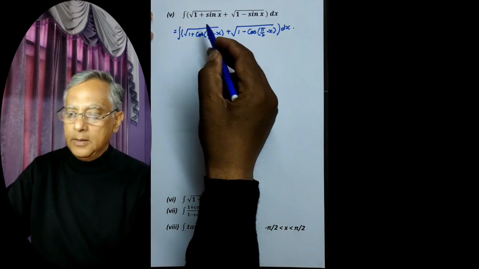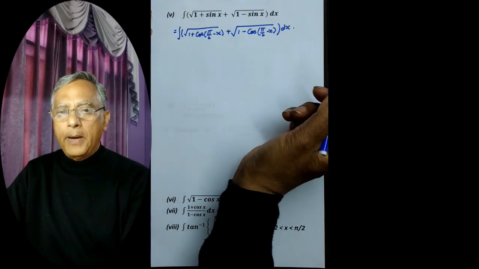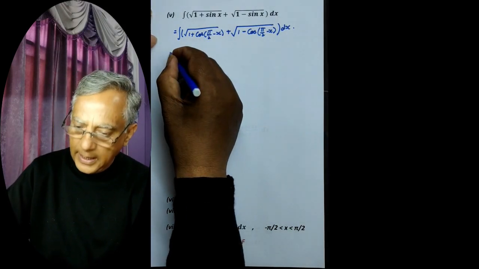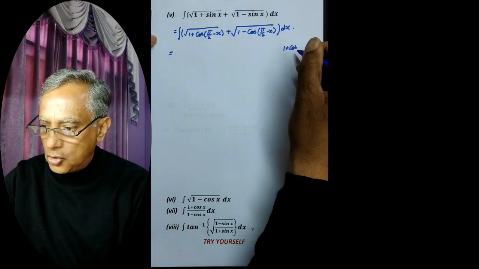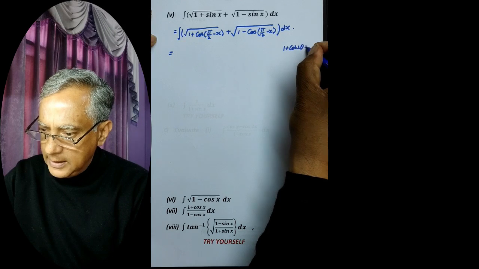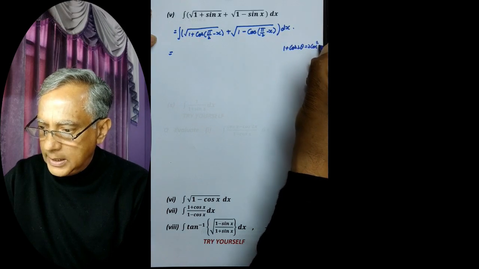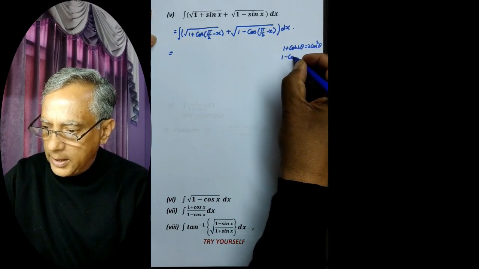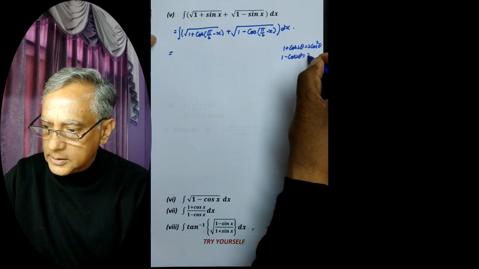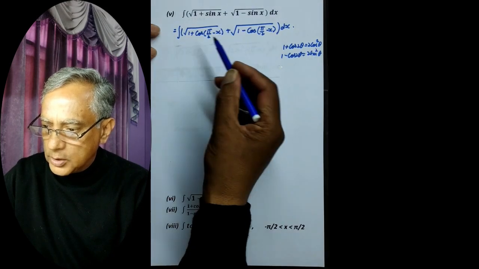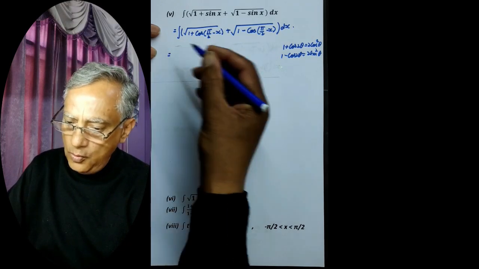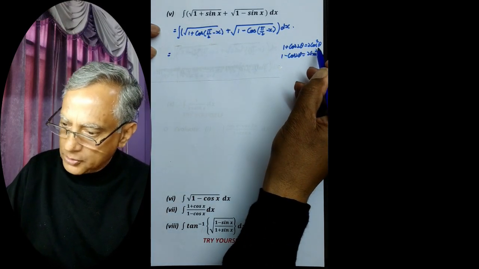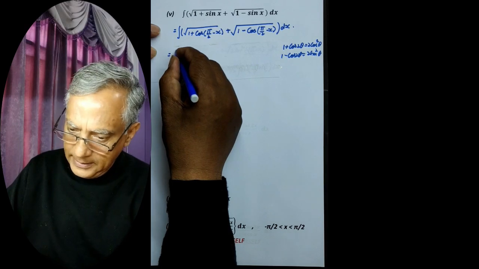dx. Sin x can be written as cos of pi by 2 minus x, and now we know these two formulae. 1 plus cos of 2 theta is 2 cos square theta, and 1 minus cos 2 theta is 2 sine square theta, and this is equal to, now 1 plus cos 2 theta is 2 cos square theta.